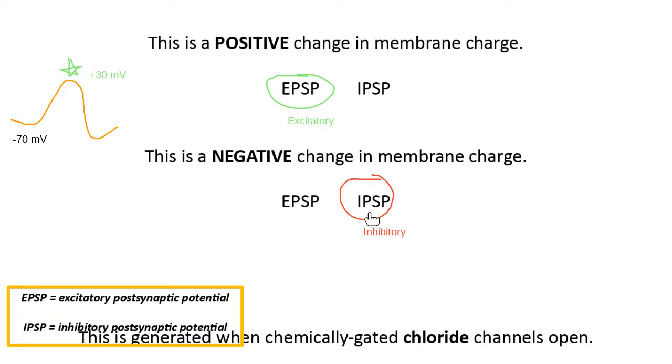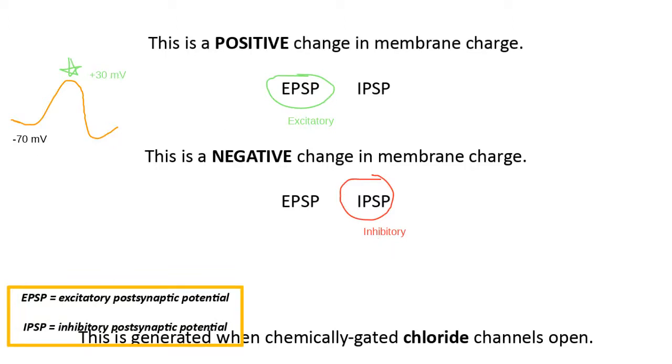So if these kinds of messages are caused by chemicals that attach to a type of gated channel, not a trick question, what kind of gate are neurotransmitters going to open that makes us make these kinds of charge changes?